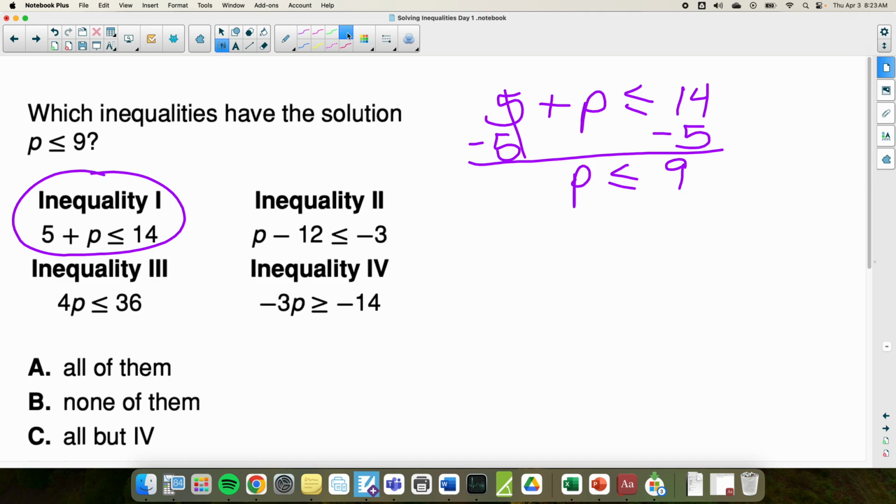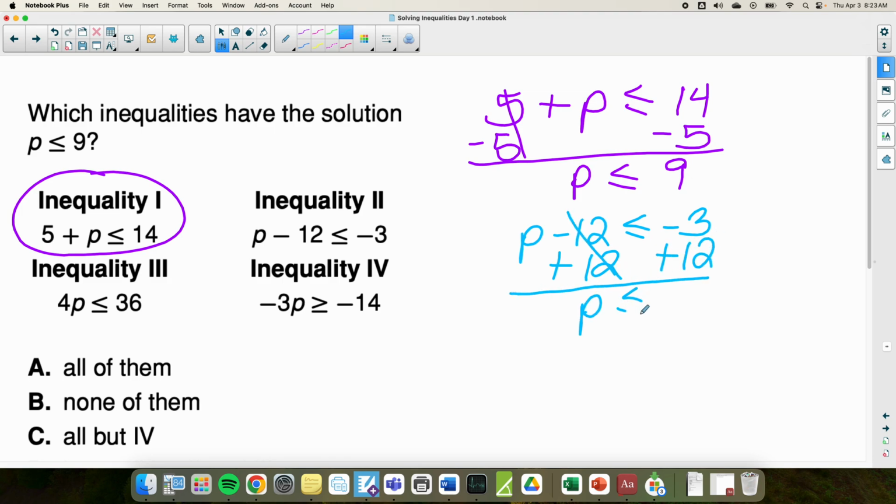If I look at the next one, it's 4P is less than, oh, no, this is the second one. I should probably go in order. So if I look at that one, it's P minus 12 is less than or equal to -3. If I add 12, I get P, and I don't have to change my sign in this one. -3 plus 12 is 9, and that P is less than or equal to 9 is what we want.